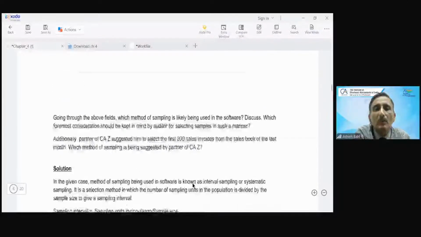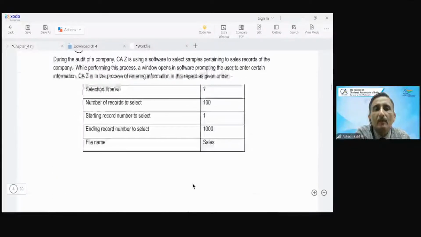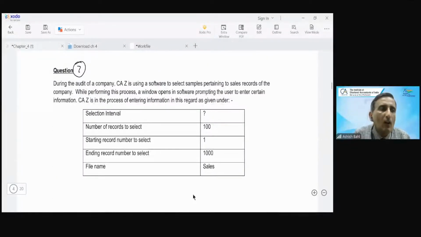See this question. This is also about sampling. During the audit of a company, CA Z is using software to select samples pertaining to sale records of the company.